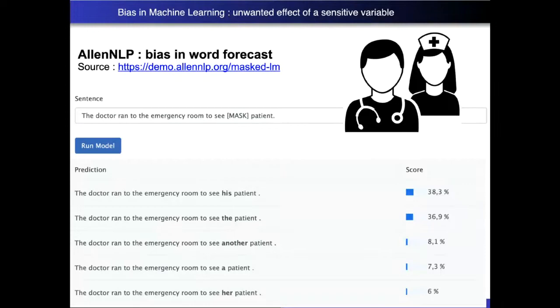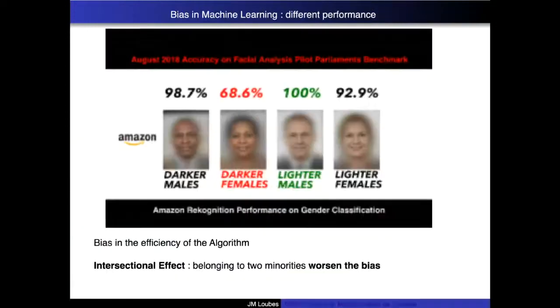Sometimes you have a different type of bias. That means that sometimes the bias is not only in the forecast, but the bias makes the algorithm not work in the same way for different subgroups of the population. Here I take an example of image analysis used by Amazon, and you see that the algorithm works very well for a Caucasian male.